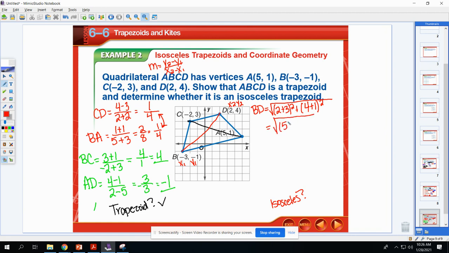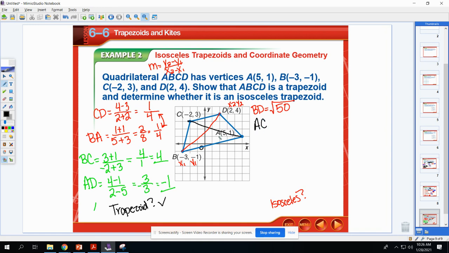So this is going to be 5 squared plus 5 squared, which is 25 plus 25. So for BD, we're going to get the square root of 50. And I don't need to take that square root and figure out the exact number, because I just need to see if we are getting the same square root for both diagonals. That's one less step we have to worry about.